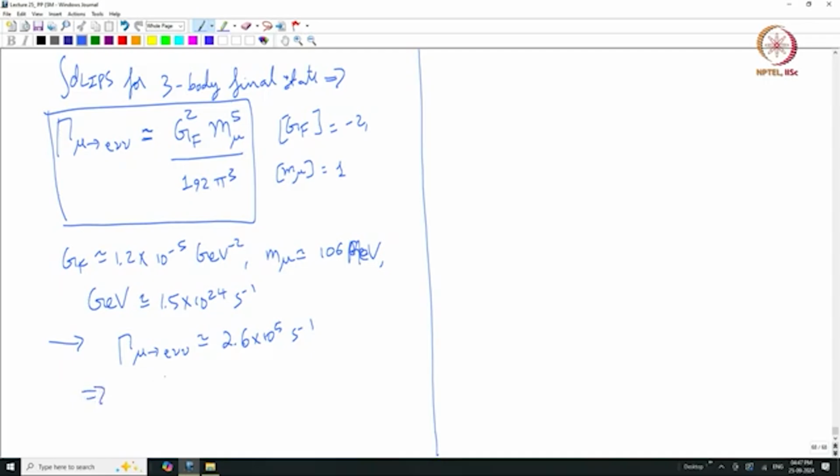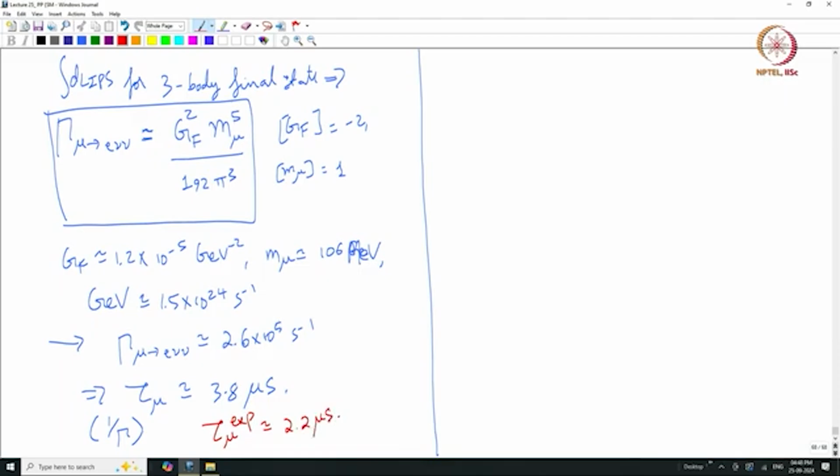Said differently, the lifetime of the muon, which is basically 1 over the rate, you are going to get as 3.8 microseconds. That is actually pretty good for this estimate, because experimentally we find that it is actually 2.2 microseconds.